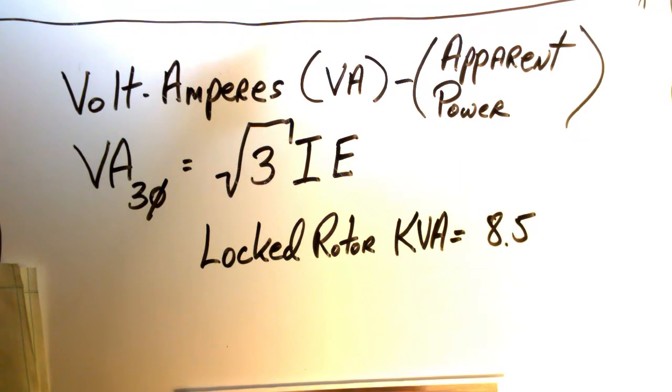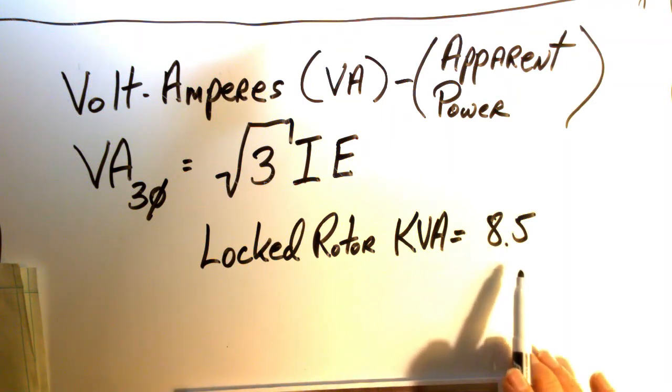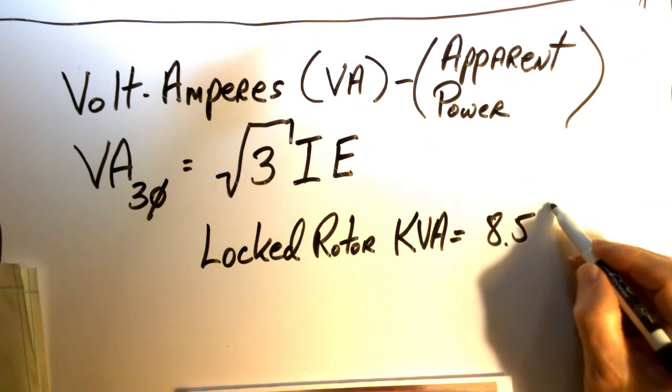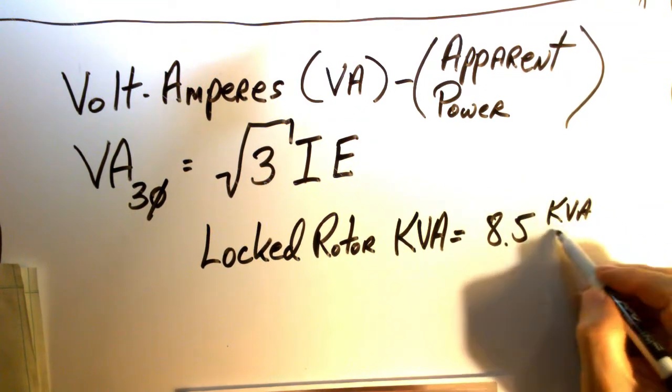Pick it right in the middle, okay? If you're talking hypothetically or sitting in an office working out some what-ifs, that 8.5 will do well. On the plant floor and in operations, you may have to be careful about whether you use the upper end or the lower end of that range. You may be setting some circuit protection with it, and then you'll be more prudent about it. But this is good for us. Locked rotor kVA of 8.5, again, that's kVA per horsepower.